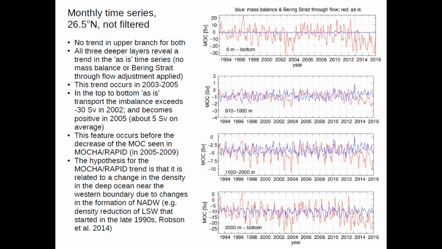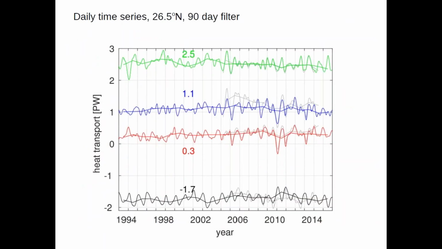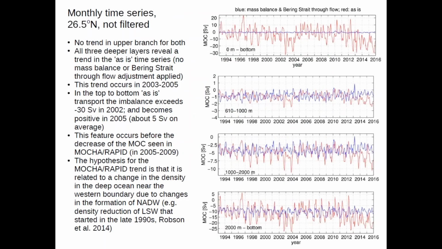I think it's quarterly. Why do you have such large variability? You mean in the top panel, or below 2,000? It's all climatology. That should be constant.